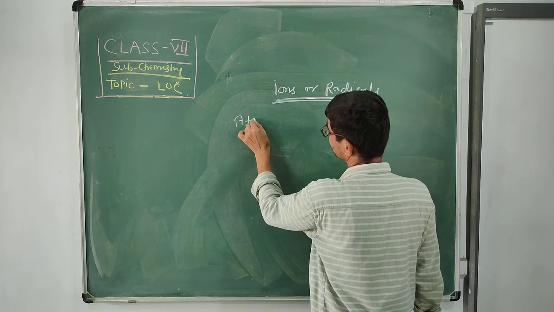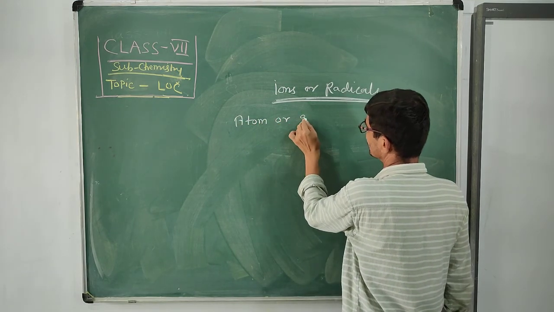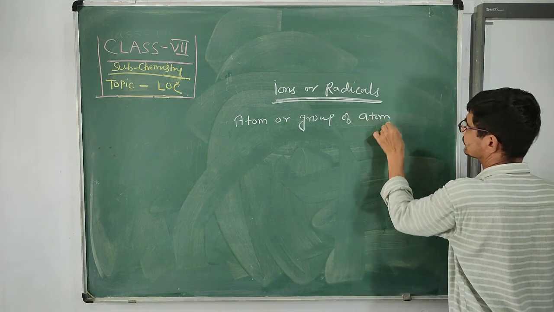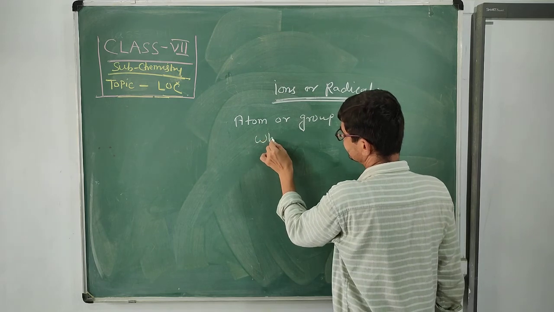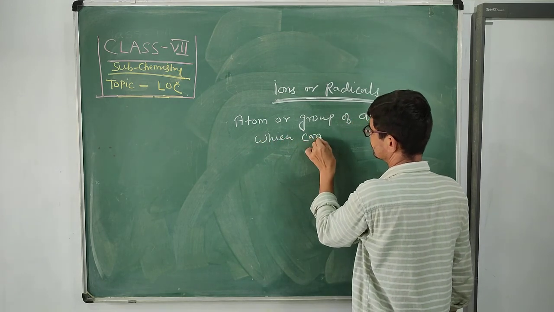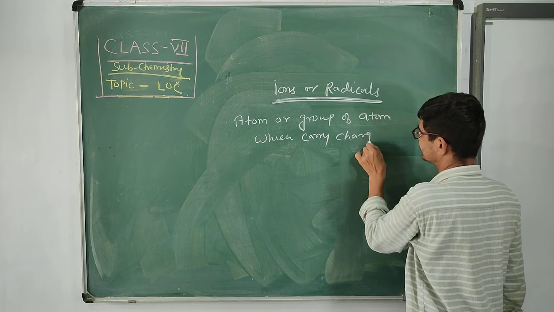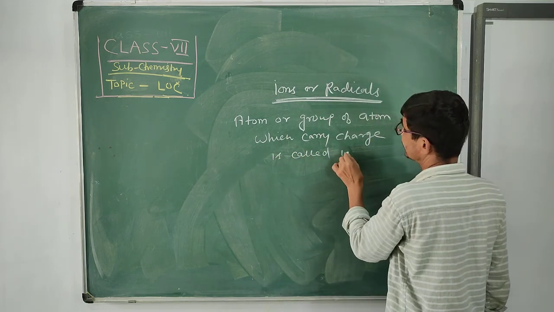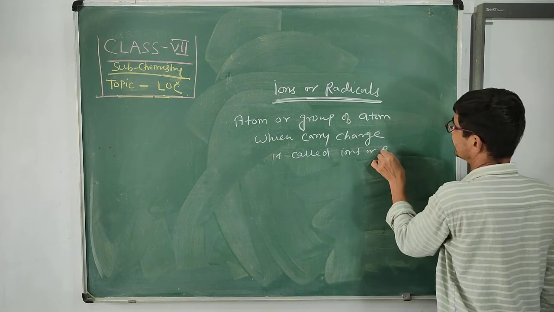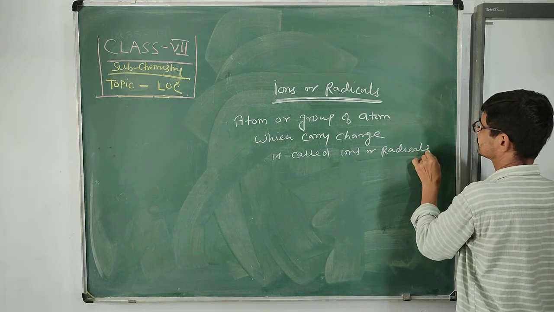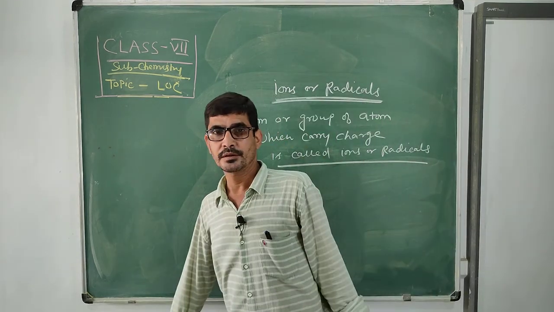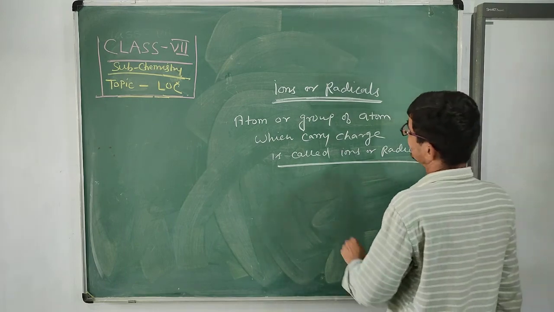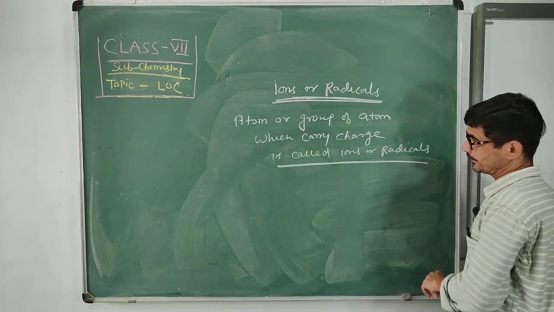Atom or group of atoms which carry charge is called ions or radicals. This is the definition of radicals or ions, both are the same thing.